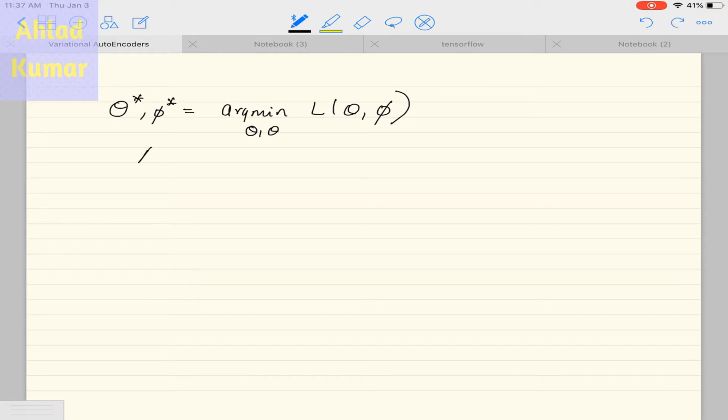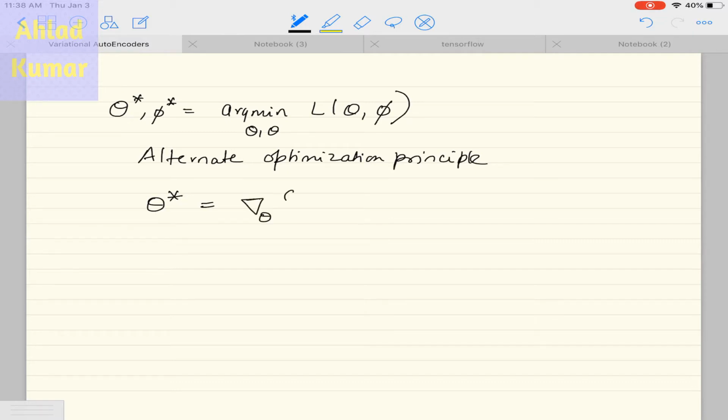You will follow the alternate optimization principle, in which you optimize theta star first by fixing phi constant, taking the derivative with respect to theta for this particular function, with phi as a constant.